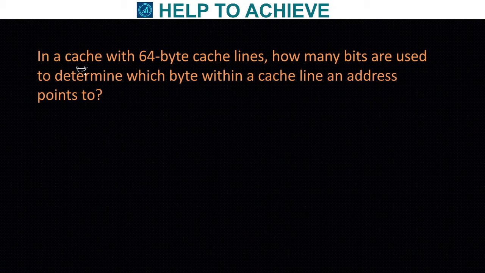In a cache with 64-byte cache lines, how many bits are used to determine which byte within a cache line an address points to? The total cache line length is 64 bytes.